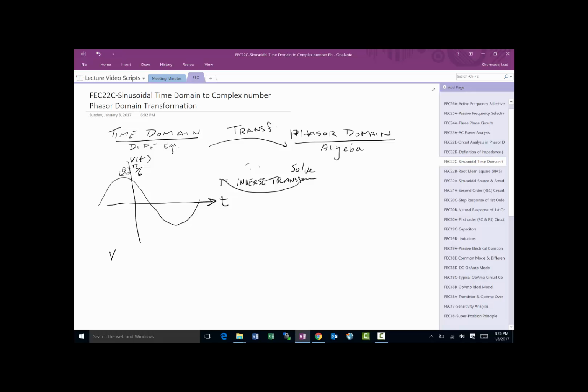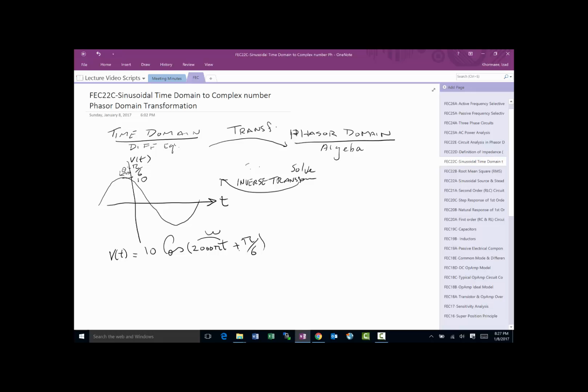So if I write the equation for this, V of t is equal to, let's say the maximum is sitting at 10, so 10 maximum cosine. And let's say the frequency for this one was 2000 pi t, this is the omega we are putting in, and plus some angle, which in this case looks like plus pi over 6 because it's shifted to the left, and that's a positive one.